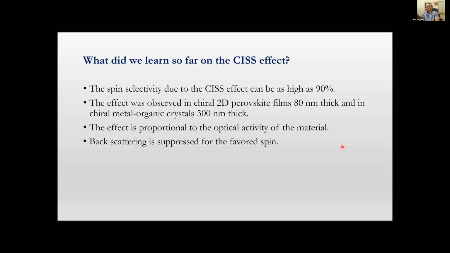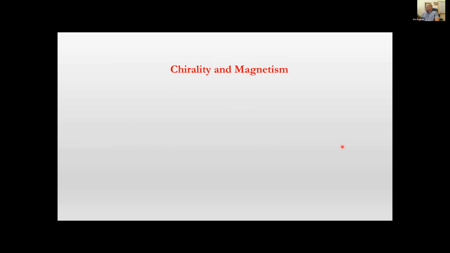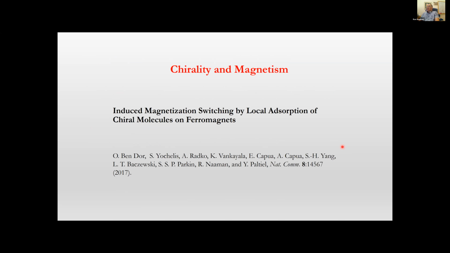Backscattering is suppressed for the favored spin. So immediately when you see spin and chirality, you think, what about magnetism? And the idea is to see if we can affect, by the CISS effect, a magnetized surface.